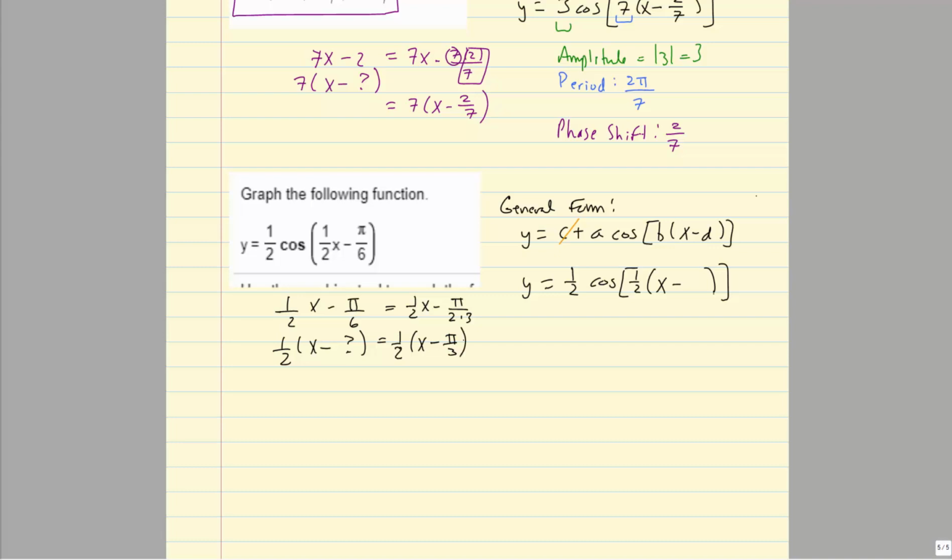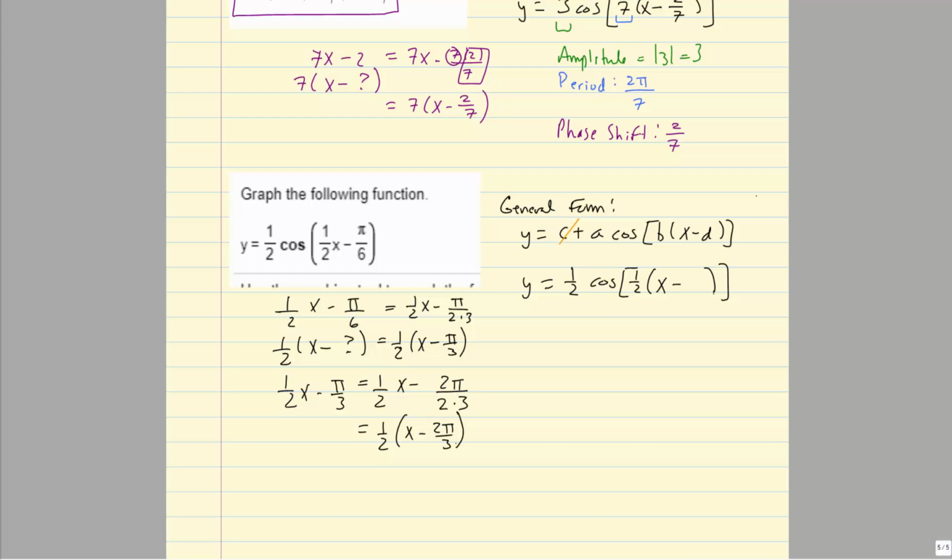Now, if you didn't notice that, you could rewrite this, and you could say, okay, this would be a half times x minus pi over 3. And you could say, well, I wanted a 2 to pull out, so I'd multiply the top and bottom by 2. And if I do this method, pulling a 2 out, I'd be left with 2 pi over 3.